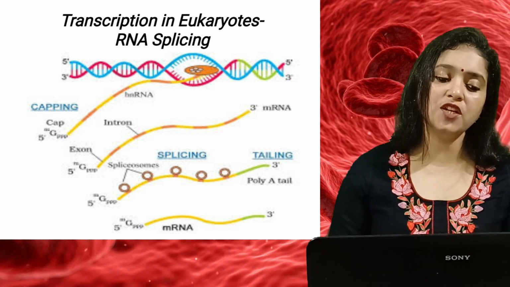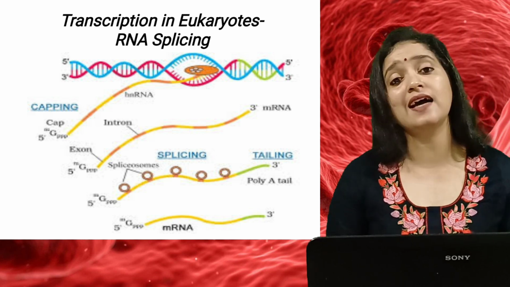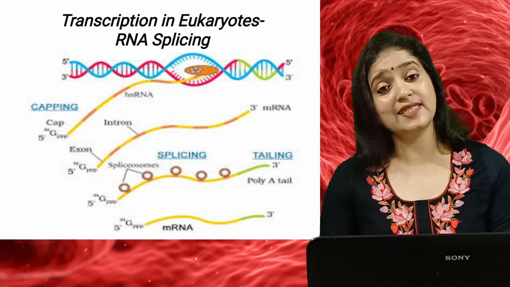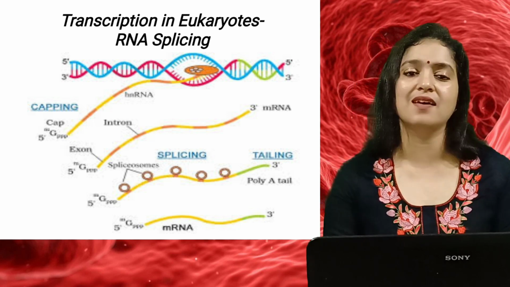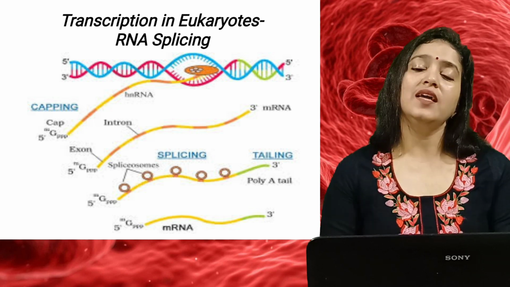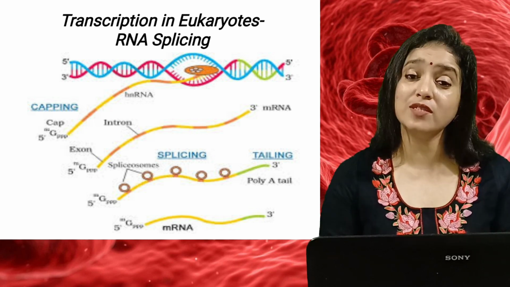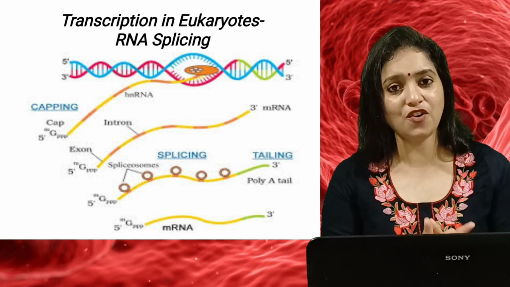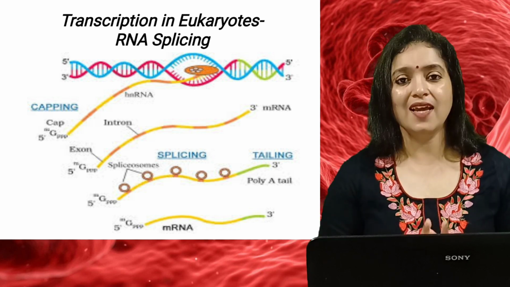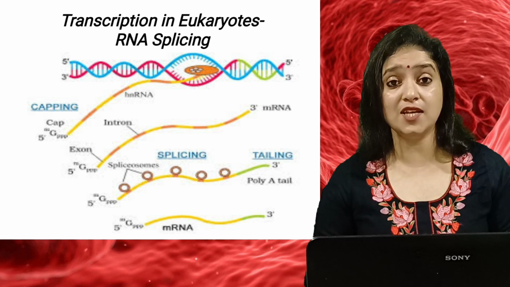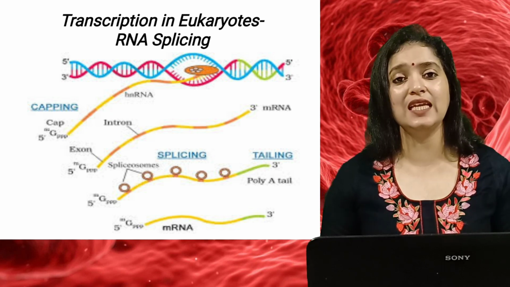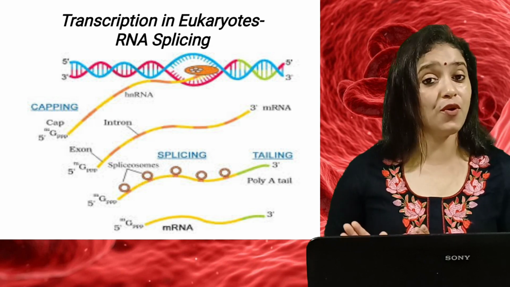And in transcription in eukaryotes, the major point is RNA splicing, or we can say post-transcriptional processes. After transcription, in eukaryotes, certain processes should be there, and that is RNA splicing, introns and exons. Introns are intervening sequences, that means non-coding sequences that we don't need in the processed mRNA.